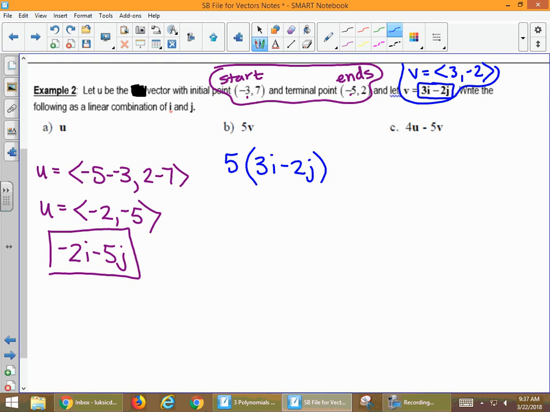Or you could distribute the 5 through in component form and then change it into i's and j's if you feel safe and warm with the little pointy guys. So this is going to give us 5 times 3 is 15i. 5 times negative 2 is negative 10j. That's 5v.